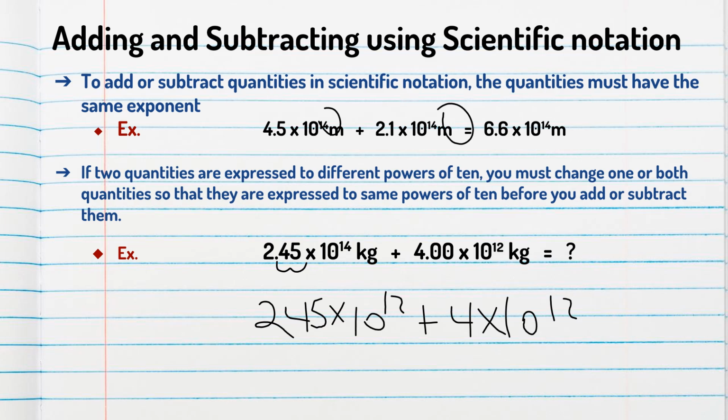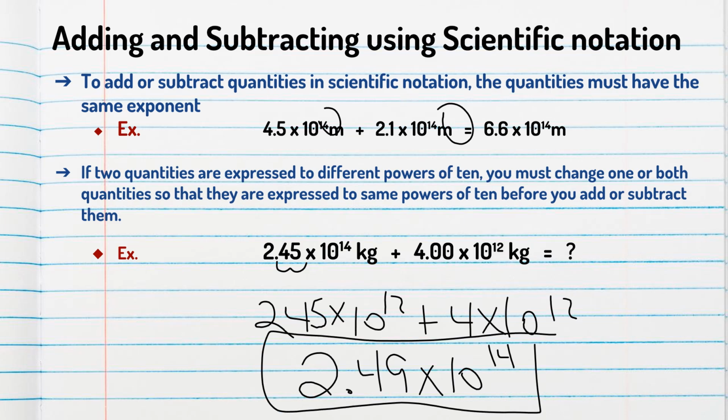So if I add these together, my final answer would be 2.49 times 10 to the 14. Right, because we add these together, and then we only want one number in front of that decimal place.